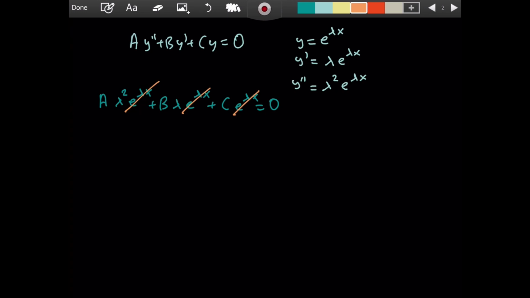And when we do that, we get the generic equation a lambda squared plus b lambda plus c equaling 0 as the quadratic equation that we need to solve to get the lambda, because when we get lambda, we will be able to substitute it here to get the function that satisfies the given differential equation. Alright, I hope this makes sense.